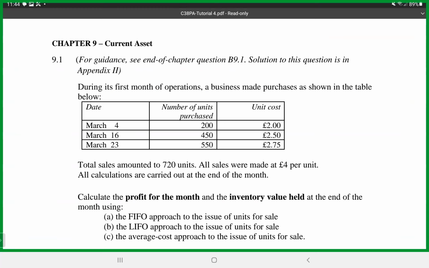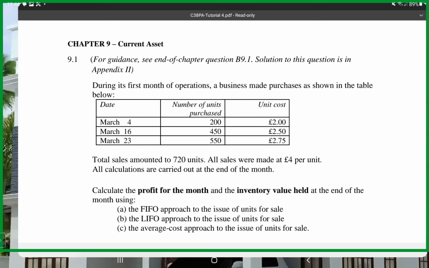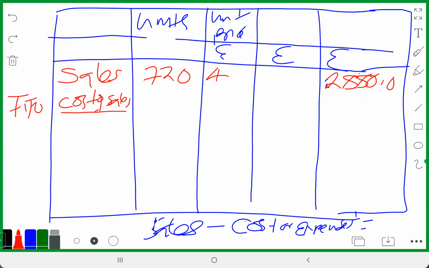So 200 times 2. You get the point? Because that's the number of units that were purchased and sold at that price. So 200 units at 2 gives us 400.